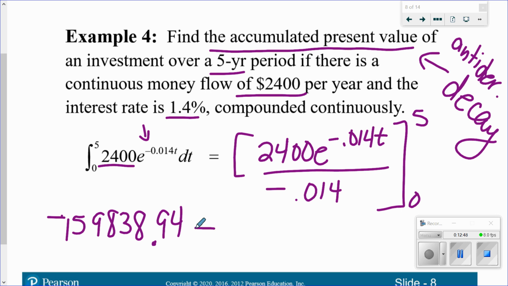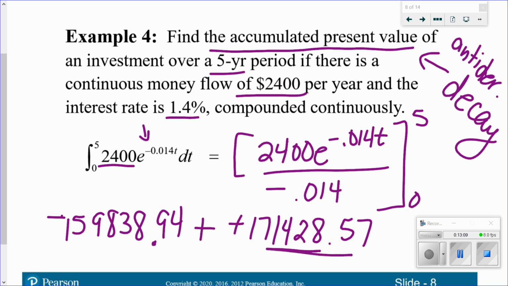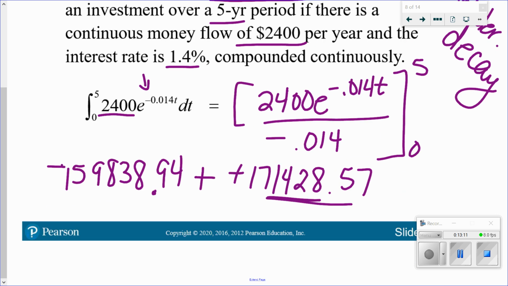And from that, we're going to subtract the value at 0 years, which is negative 171,428.57. We're subtracting a negative. So even though this is negative, this is larger. So it is going to end up being positive. It does feel weird at first.